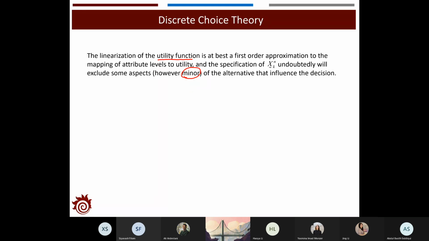For example, go back to the example of taking a trip from Hamilton to Toronto. The travel time definitely is a very important factor. The fare price is also important, but some other factors, like if it's in the summer, the weather conditions like a sunny day or a cloudy day, may be minor factors, and we can exclude them from the model.